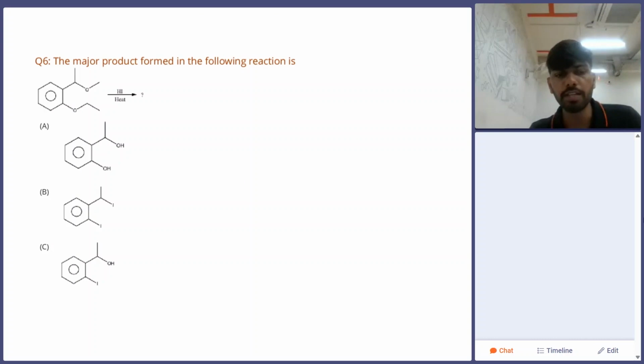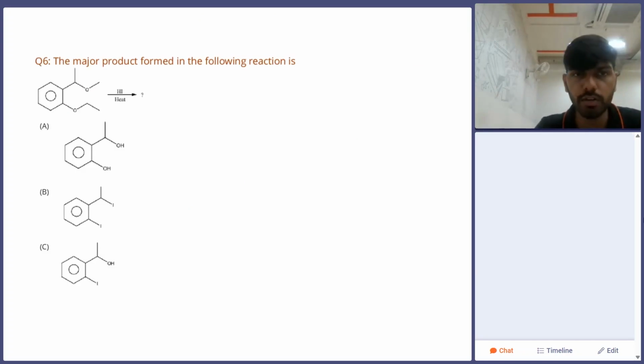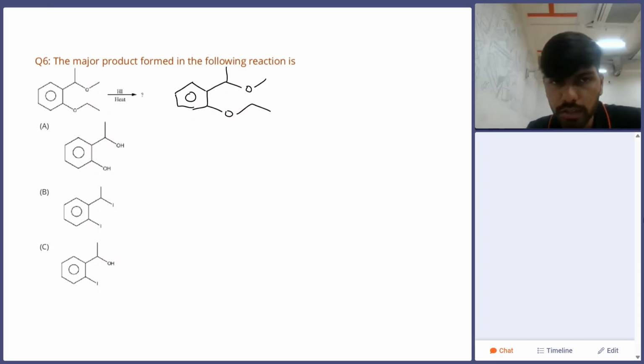Next question: the major product in this reaction, following this one, with options A, B, C and D. If we start solving this question, first HI will come. On this reaction, HI works with heat, and I am assuming my HI is in excess.